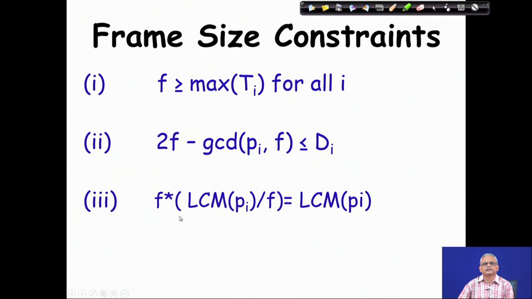We write in this expression: f times floor(LCM(pi) divided by f) must be equal to LCM(pi). So, this indicates that the frame size squarely divides the major cycle. So, these are the three constraints we must ensure when we want to select the frame size.